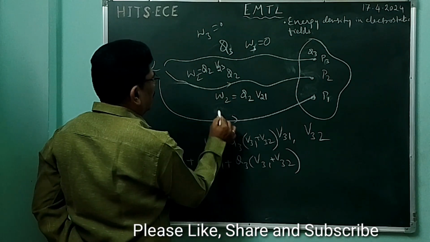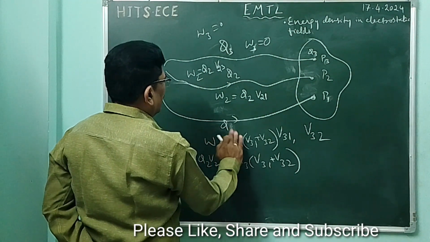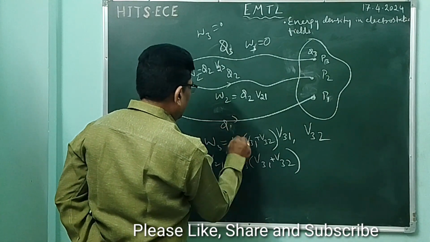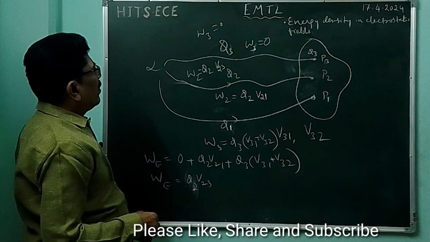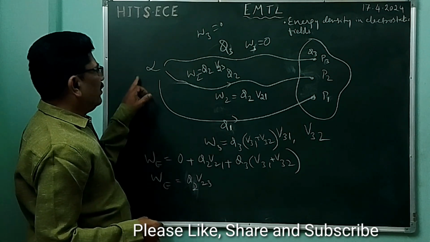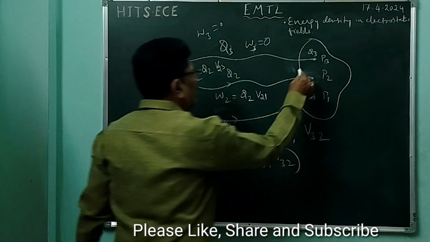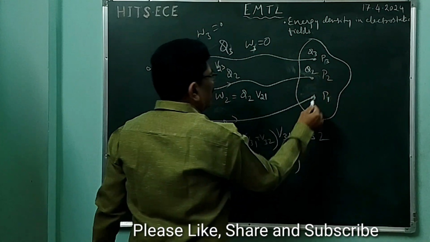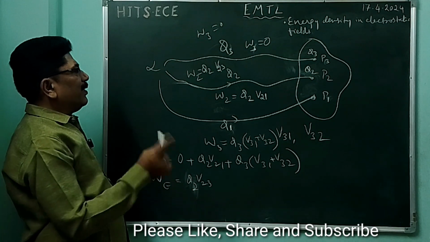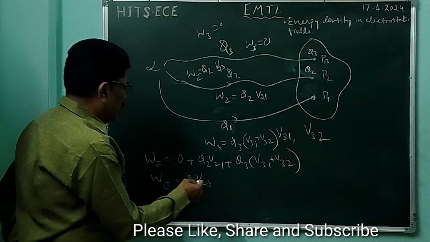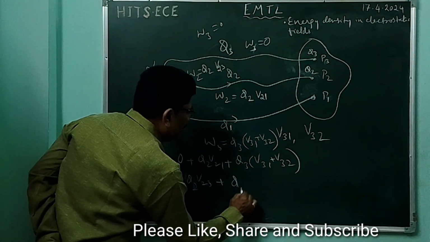Then for W1, charge Q1 is moved from infinity to position P1. Here we have already moved Q2 and Q3, so the potential at this point is V12 plus V13, and the work done is Q1 into V12 plus V13.